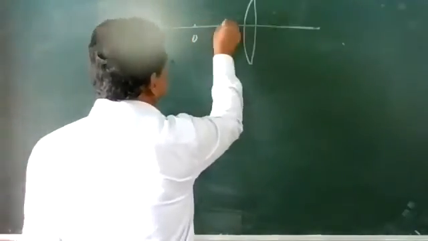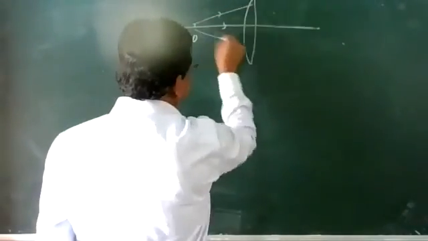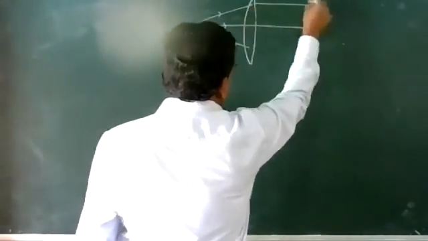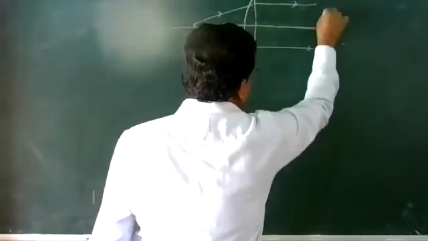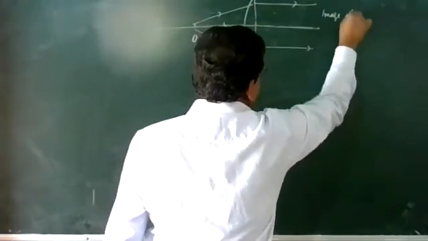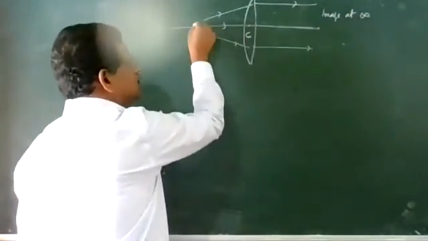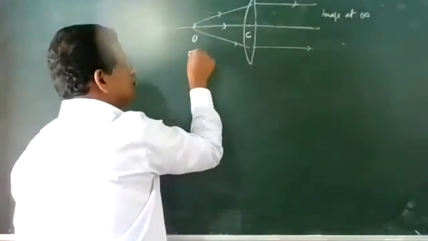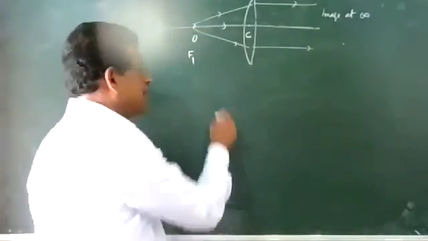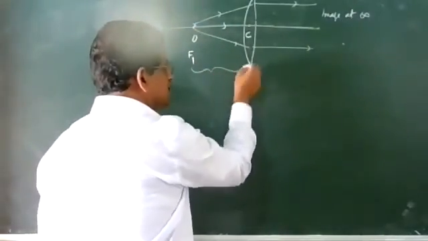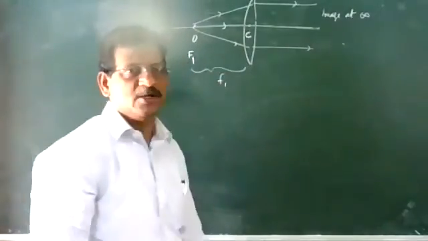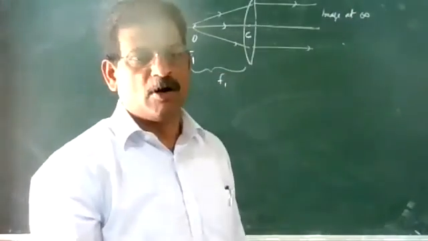After refraction, single refraction is done, and see, the rays are becoming parallel. Then this object point represents the first principal focus, F1, and its distance from the optical center is known as F1, the first principal focus on the left side.